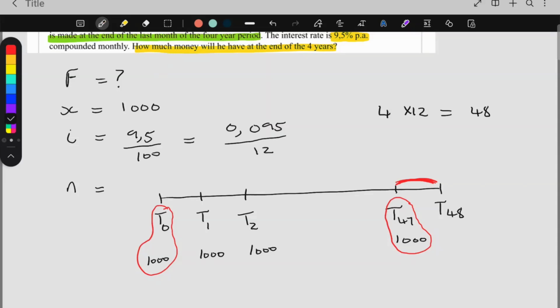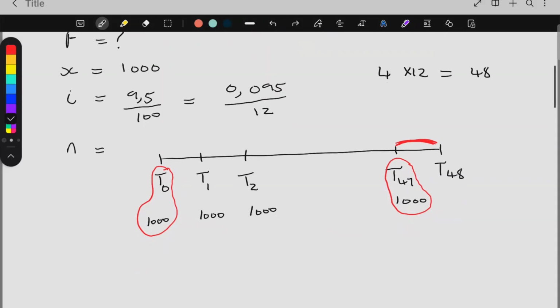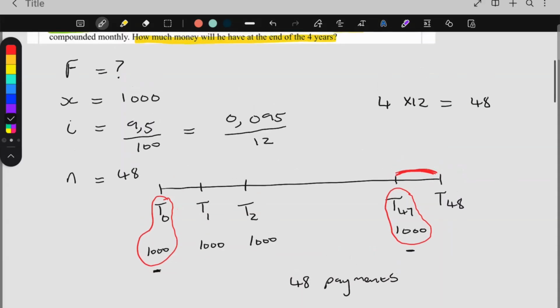So N, the number of payments, is from T0 to T47. If you count that, you will get 48 payments. So N is 48.